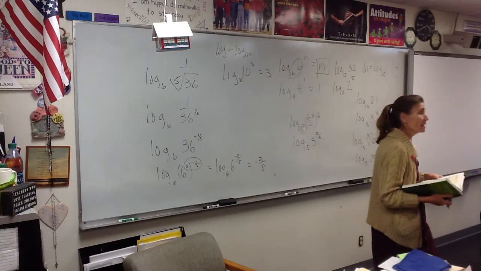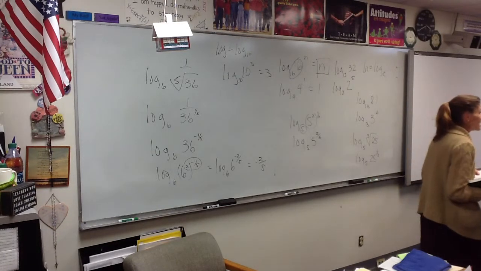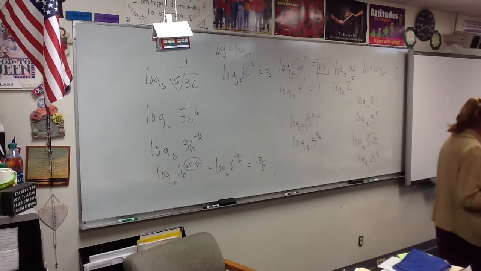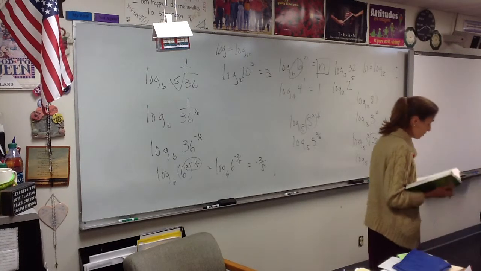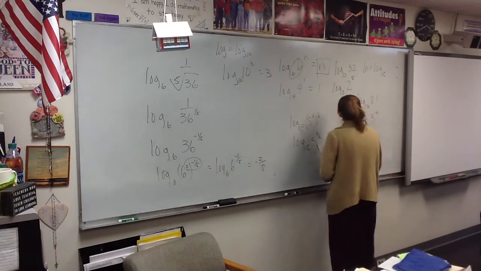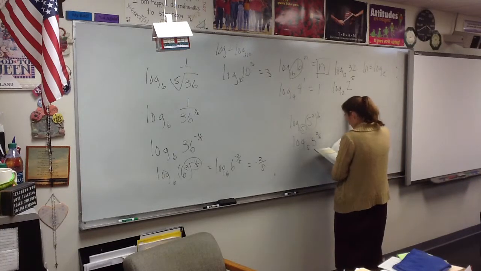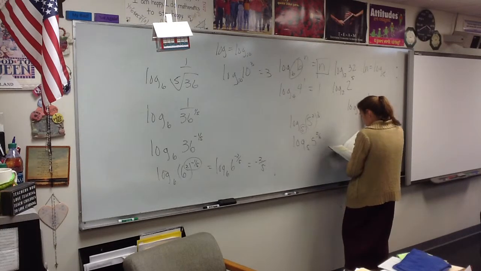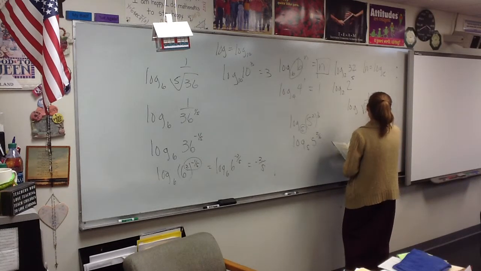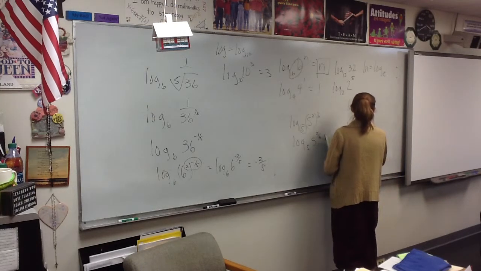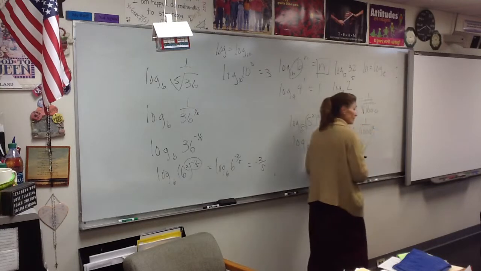1/3. Very good. How do we know that? Because a cube root means a 1/3 exponent. Number 12, be careful. There's a lot going on in number 12. First of all, take care of the radical. So that's going to be 1 over 1,000 to the 1/2 power.